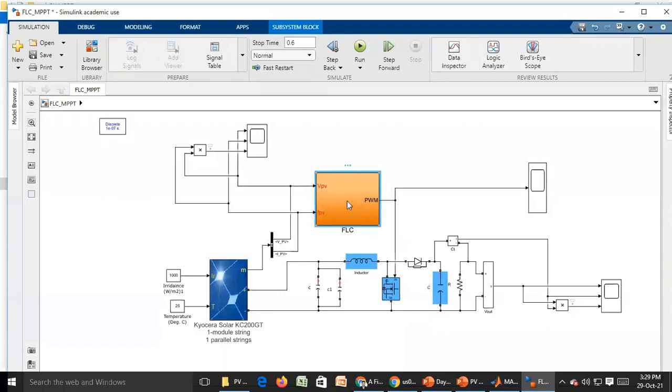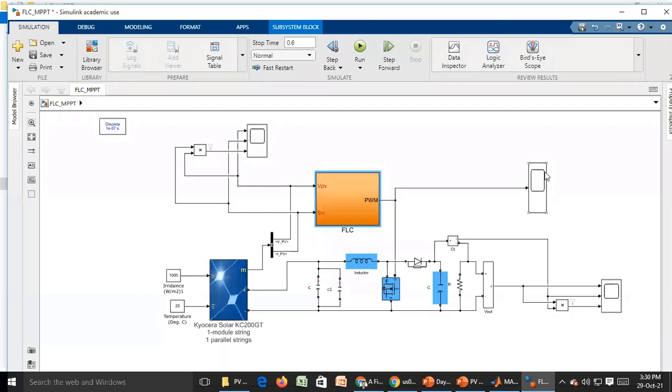In the FLC, I am generating the PWM signals. That PWM is connected to the gate. To understand clearly, the PV output is connected to the boost converter, whereas the MOSFET gate pulses are generated from the MPPT, as I told. So VPV and IPV are given as input to the FLC, and the output of the FLC generates PWM signals, which are given to the gate pulse of the MOSFET.